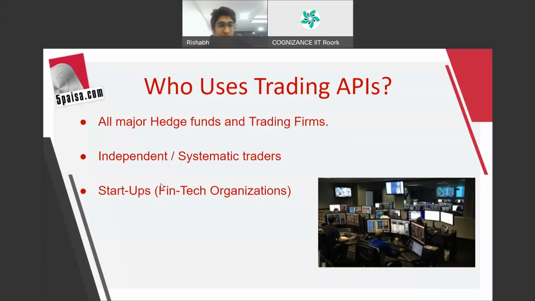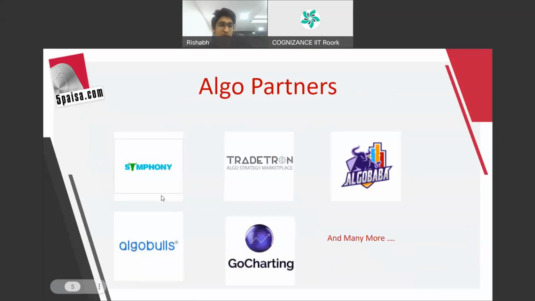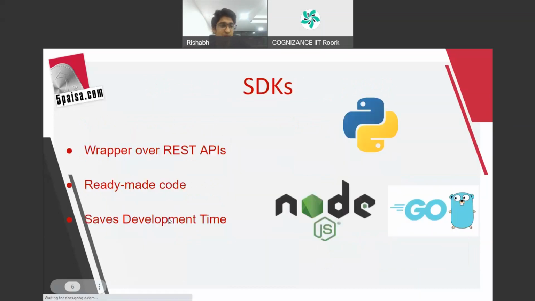Then a lot of startups are currently integrated with 5paisa, and I'll take you through the list, which will give you more insight about what we are talking about. These are a few partners: Symphony, TradeTron, Algobaba, Go Charting, Algobills. I'll show you what they do at some time. These are a few partners that we have.